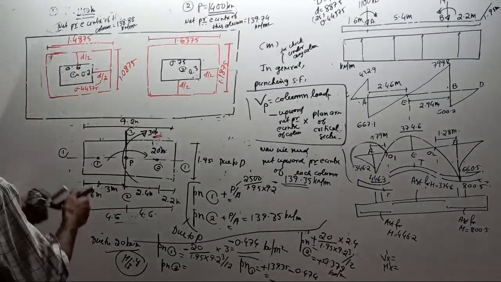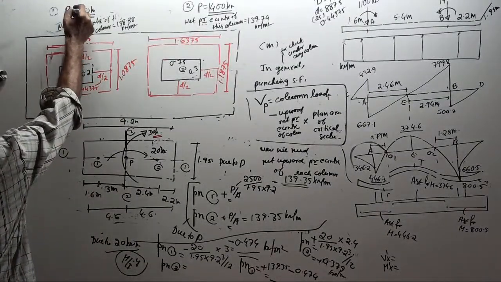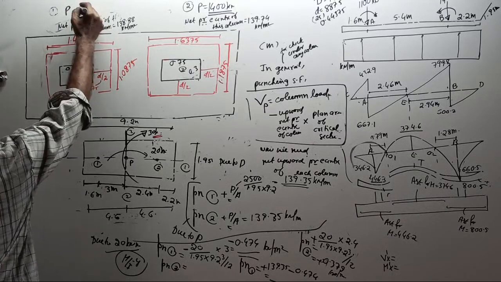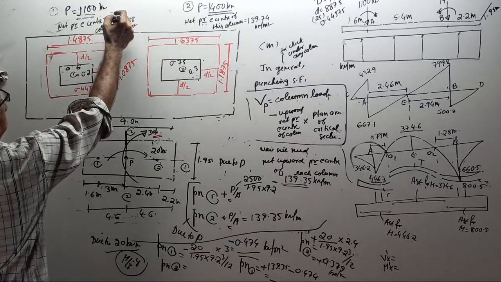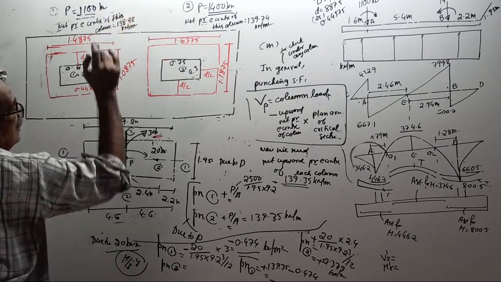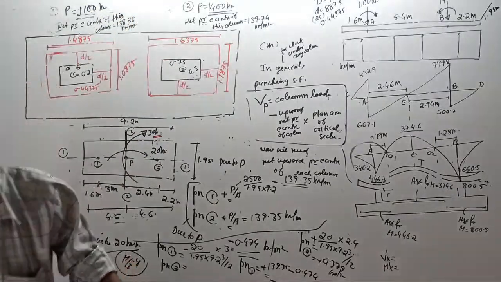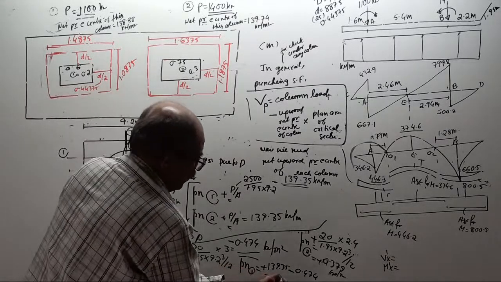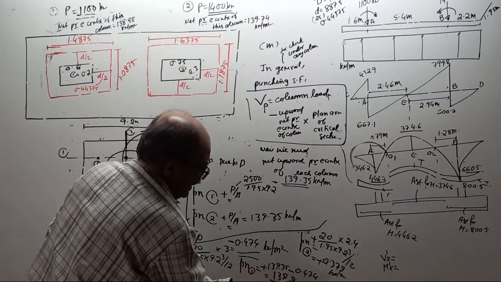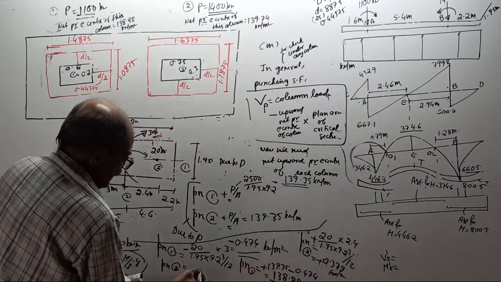P equal to 1100. The answer is 138.88. 138.88.